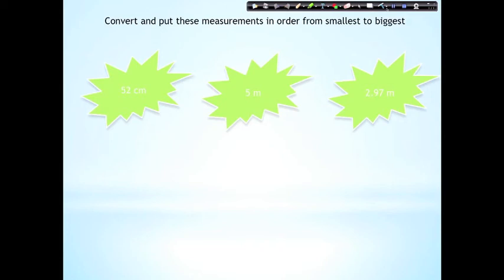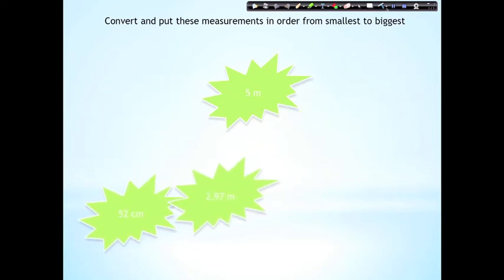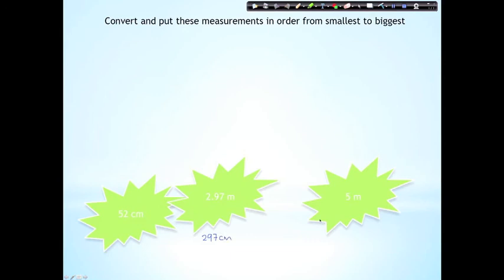Okay, so we've got 52 centimetres, then we've got 2.97 metres, and then we've got 5 metres. So very quickly, to convert 2.97 metres into centimetres, we just times it by 100. So that gives me 297 centimetres. And then 5 metres is the same as 500 centimetres.